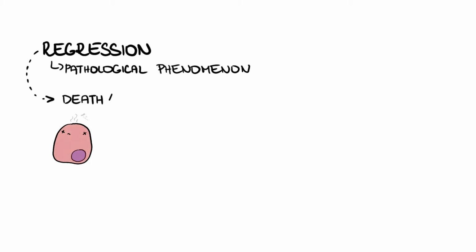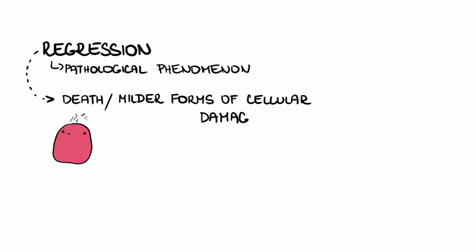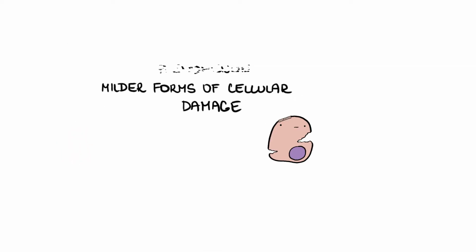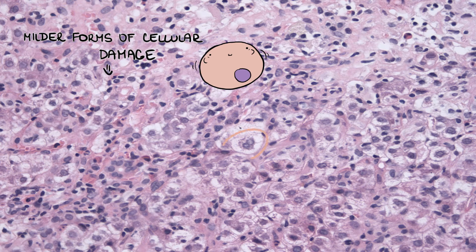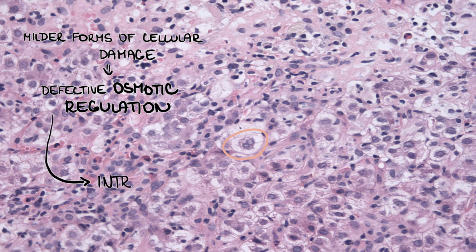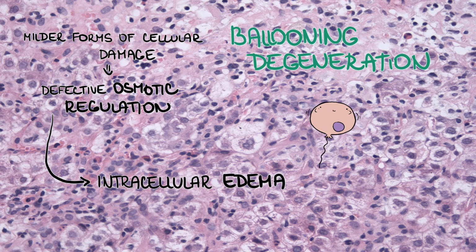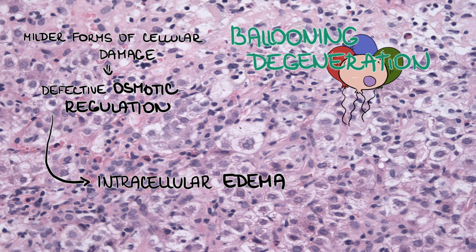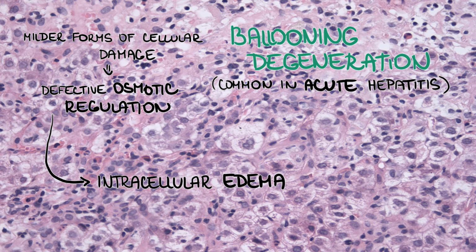Regression generally means a pathological phenomenon leading to cell death or mild forms of cellular damage. Such hepatocytes that underwent a mild form of regression are swollen due to defective osmotic regulation, leading to marked intracellular edema. This condition is called ballooning degeneration. It's a common finding in acute hepatitis.